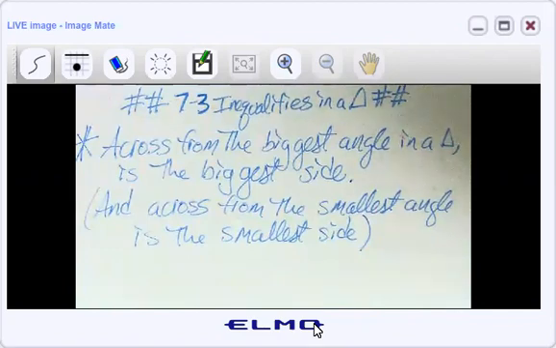So what I want to do is I want to make a little triangle here and see if we actually agree with that. So give me just a second, find some colors that work out the way I want them to.